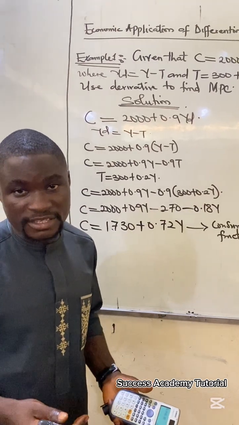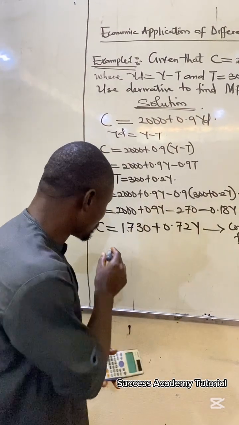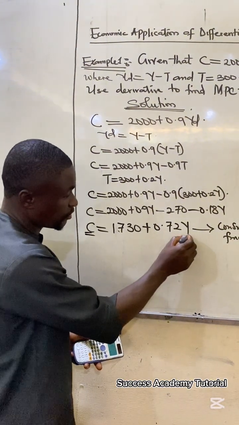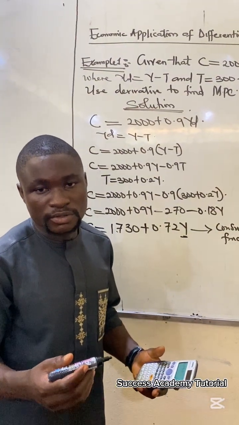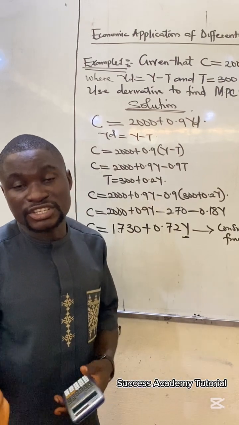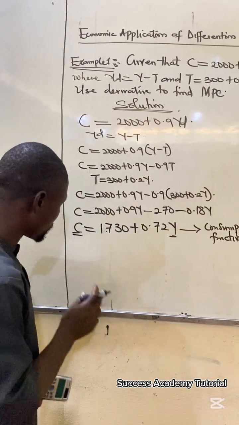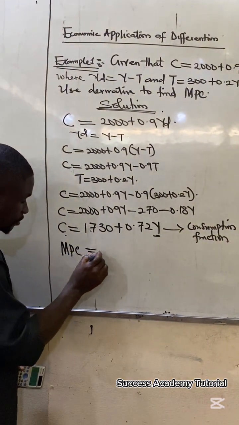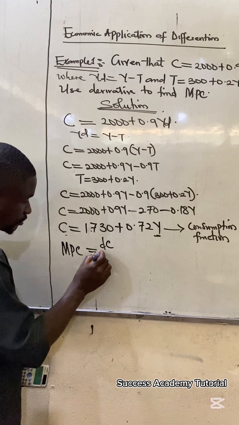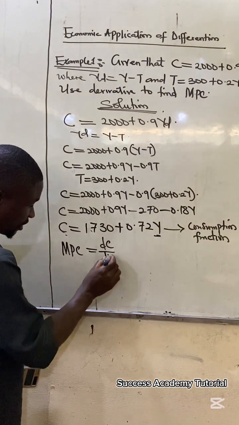Now that you've gotten your consumption function, the next is to get the marginal propensity to consume, which we call MPC. And what is MPC? It's change in consumption as a result of change in what? Income. What would your consumption be if there is any change in your income? That's what is called MPC, marginal propensity to consume. So your MPC is equal to change in consumption function as a result of change in income.